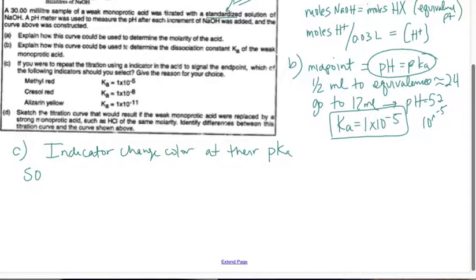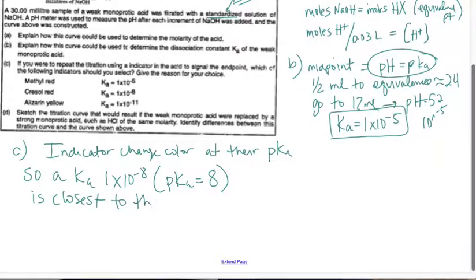So a Ka of 1 times 10 to the negative 8th, its pKa is then equal to 8. That's closest to where? To the equivalence point. Okay?